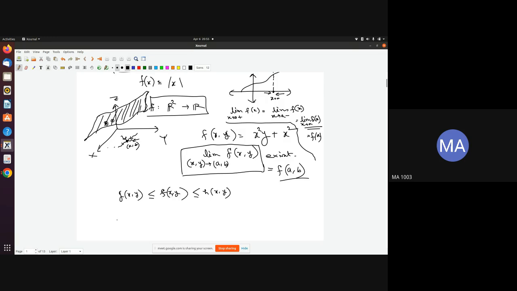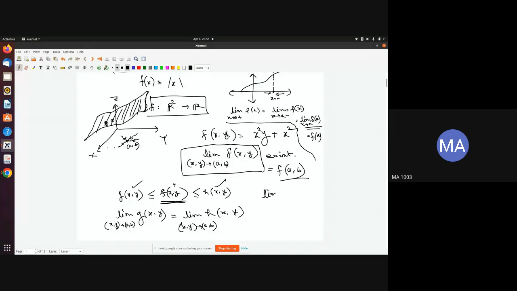Now, if the limits of these two functions are known, suppose I know that these two limits exist and are equal for g and h, then this function always lies between g and h. So at the limiting point (a,b), this limit should exist, they should match.